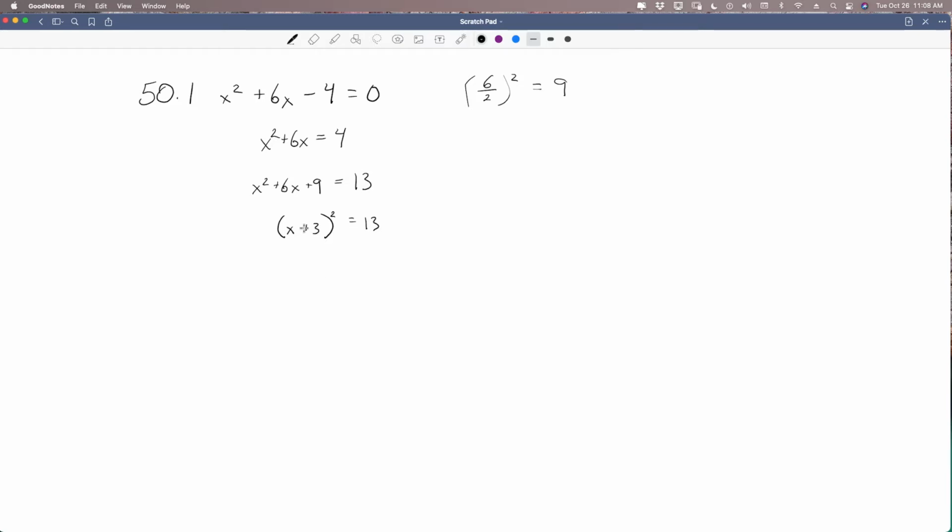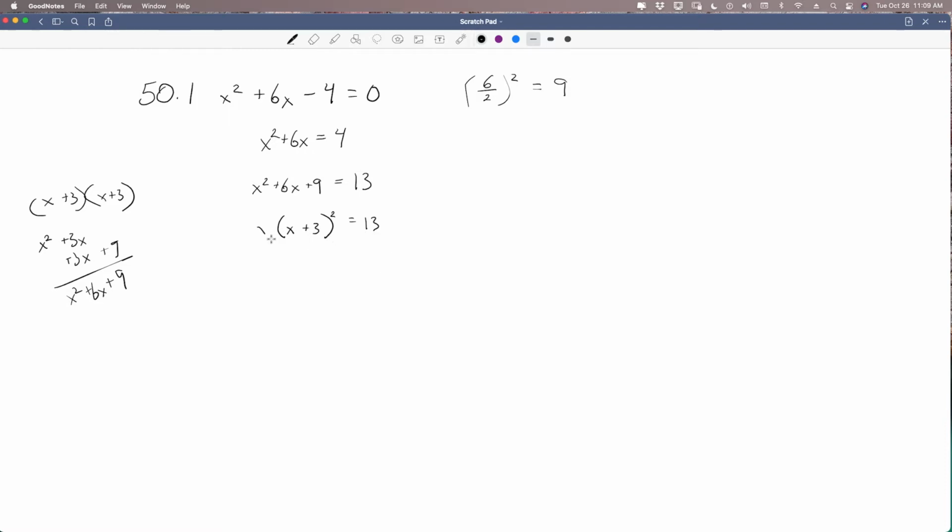Okay, and if you want to double check, you just do it over here. This gives us x squared. This gives us 3x. That gives us 3x. And this gives us 9, right? x squared plus 6x plus 9. That's what we started with. So we know this is a perfect square. We did it just right.